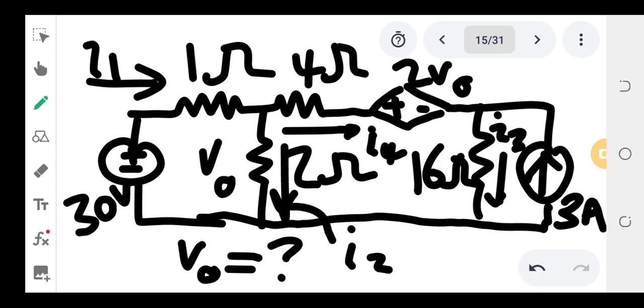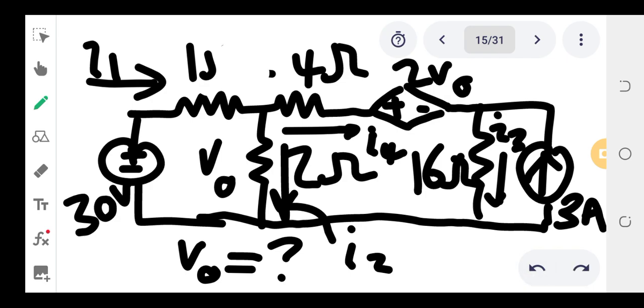So now, here I need to assign this as node 1.